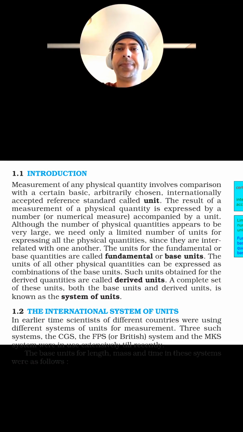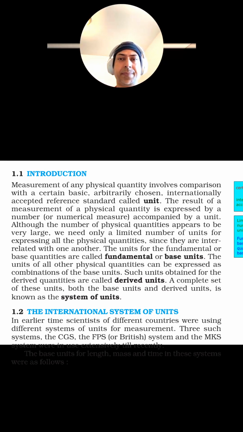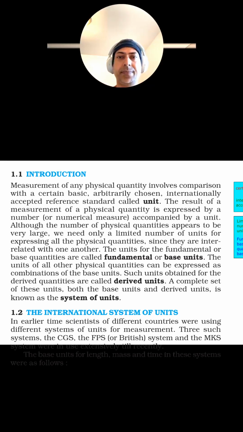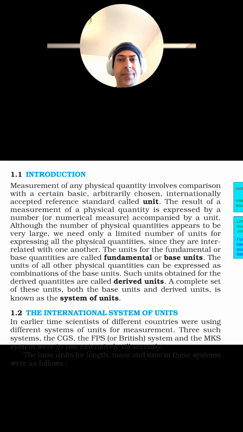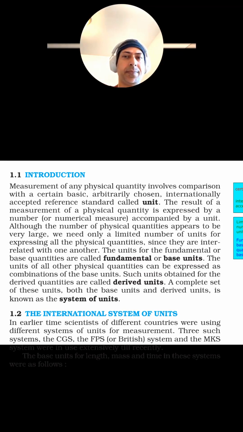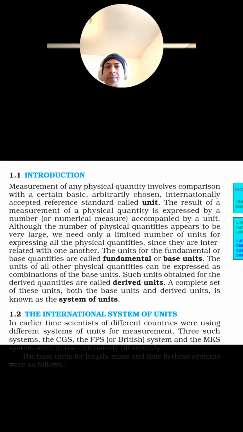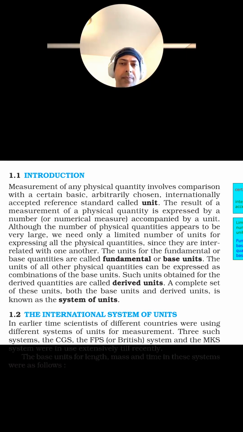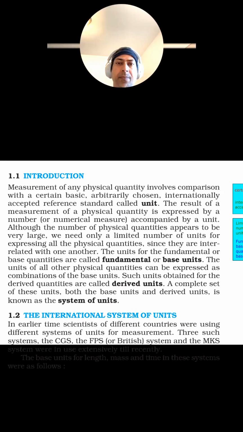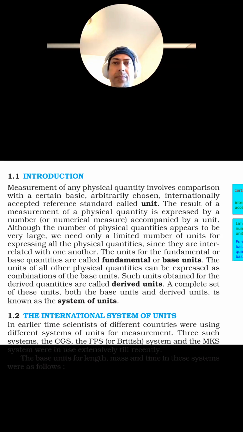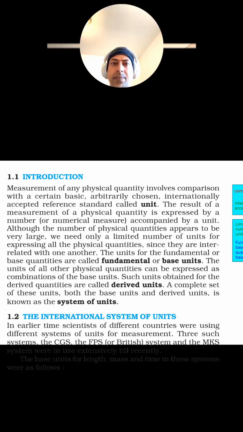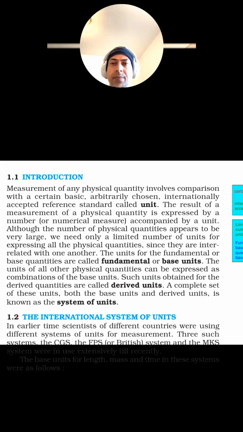Let me try. The result of a measurement of a physical quantity is expressed by a number or numerical measure accompanied by unit. So, when we measure a physical quantity, we can express it in a numerical measure accompanied with the unit.